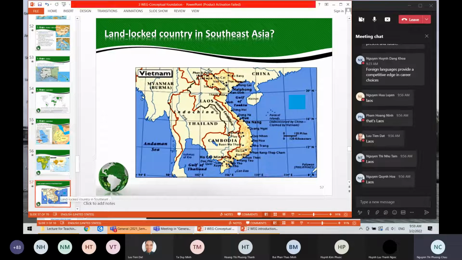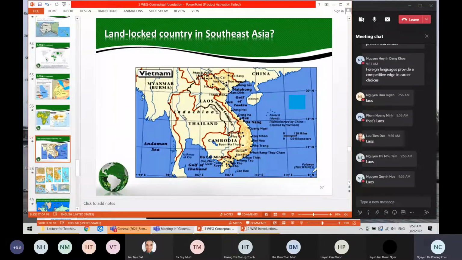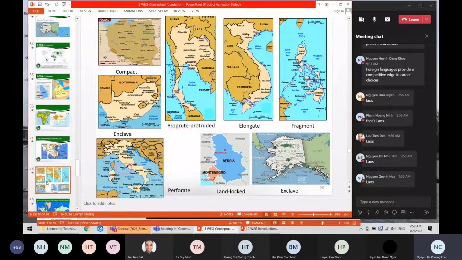Until now we have discussed all kinds of shapes of nations, and we can see each nation may have different advantages and disadvantages.